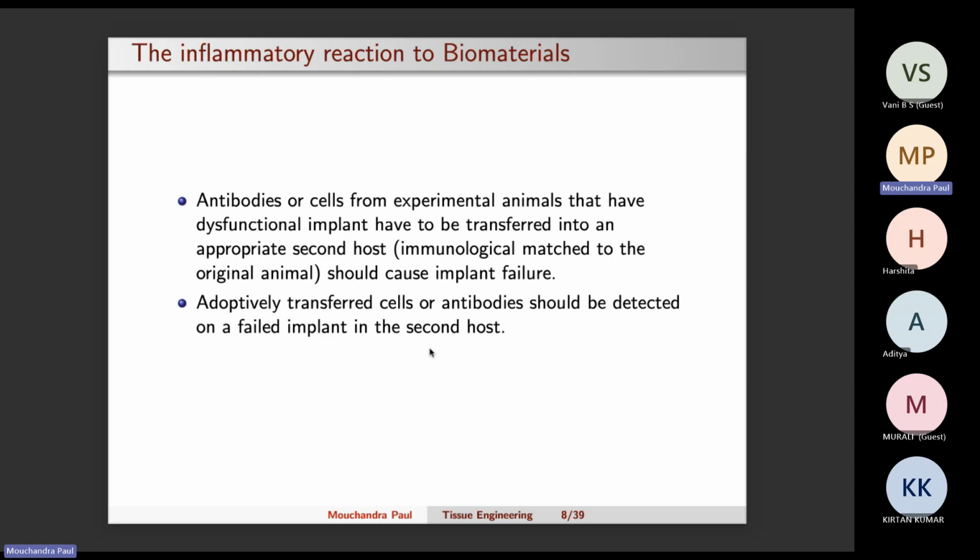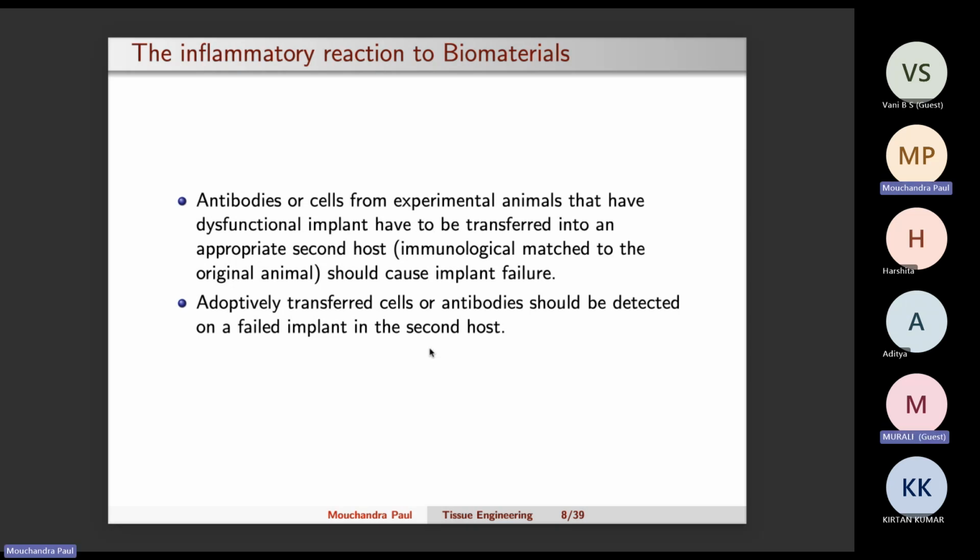Once the implant has failed in the second host as well, you have to be able to recover the same antibodies or the same cells which were recovered in the first step from the site of the failed implant in your second host. Then only you can say that this particular cell type or this particular antibody molecule has caused your implant to fail.